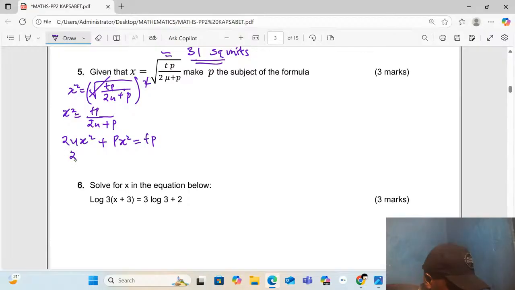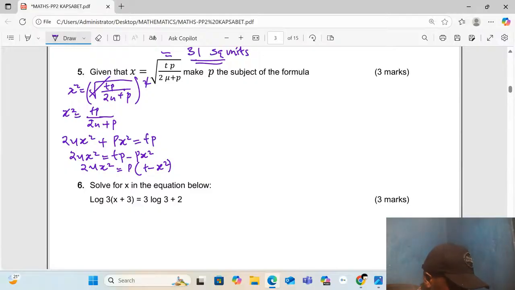Then we have TUx squared is equal to TP minus Px squared. Then we factor out P, so P into T minus x squared.